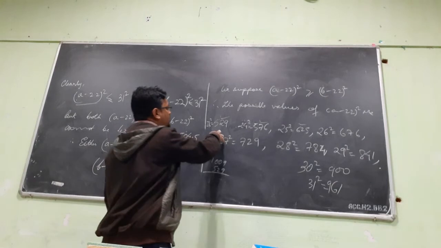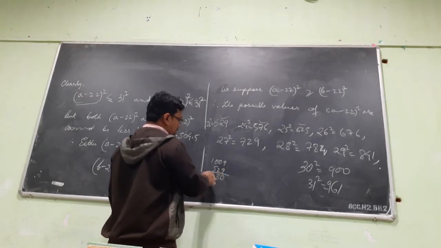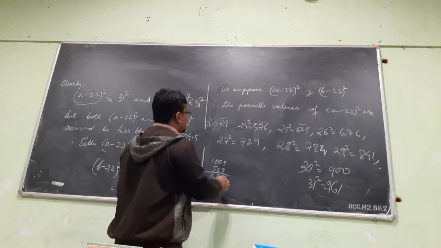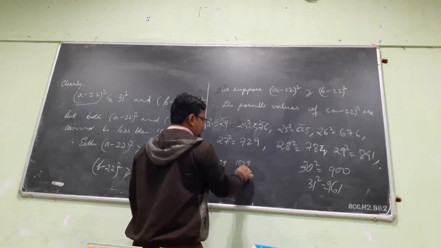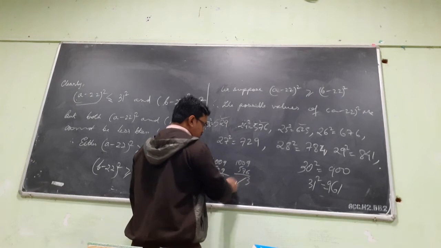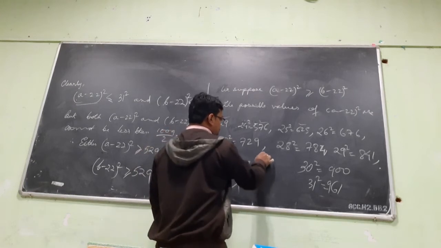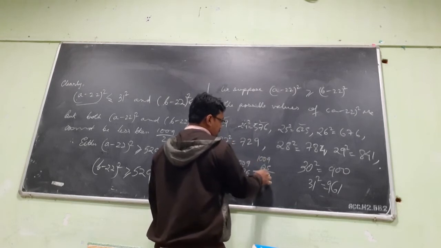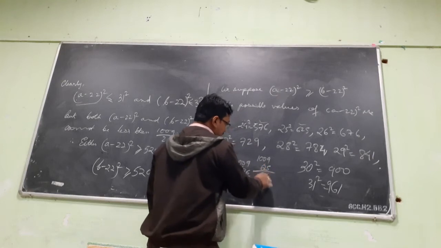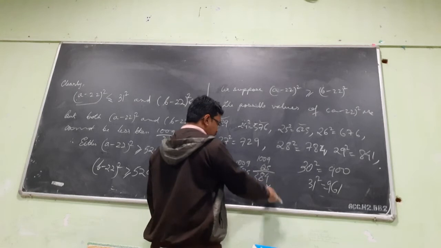So let us check the others. 1009 minus 529 is 480, so it's not a perfect square. 1009 minus 576 has unit digit 3, so it's not a perfect square. 1009 minus 625 is 384, not a perfect square.